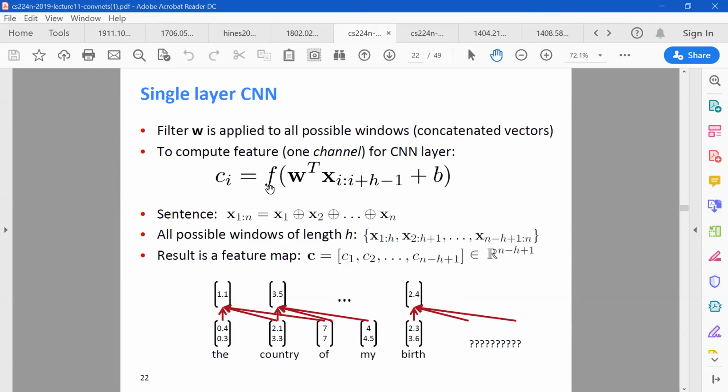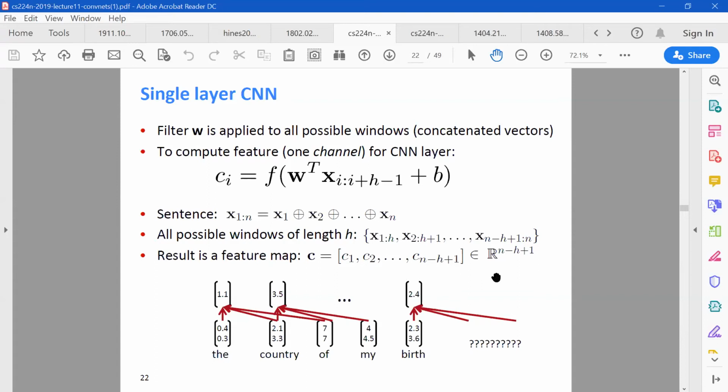And then there's some kind of a function applied to them, which I guess is a nonlinearity. All possible windows, feature map. The idea is the same as we've been talking about previously. We end up with a feature map.